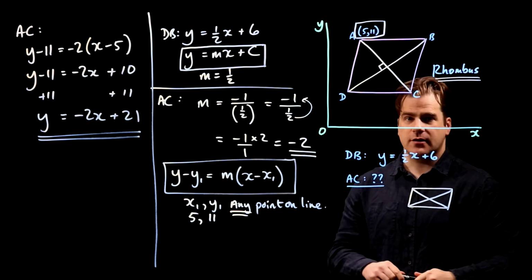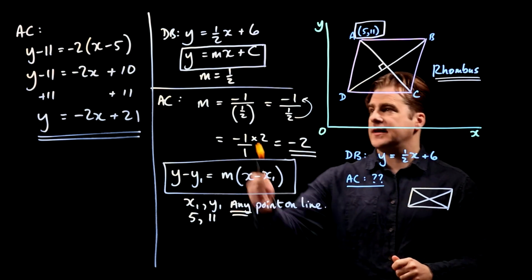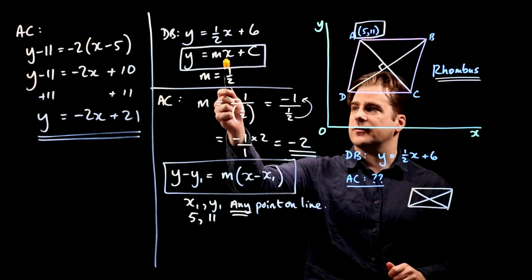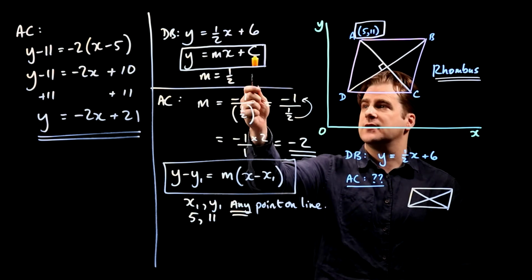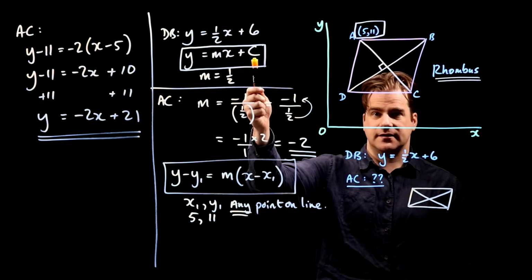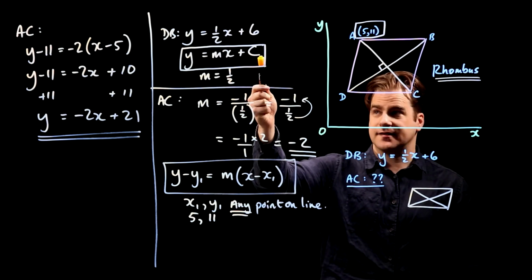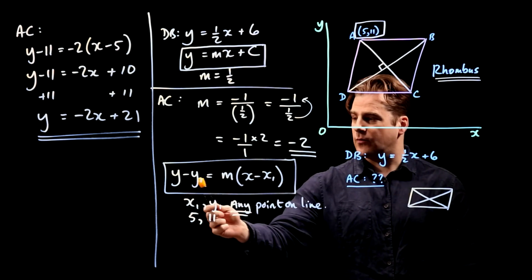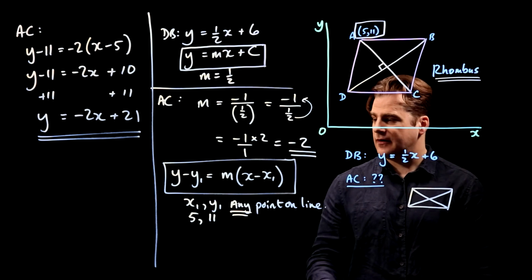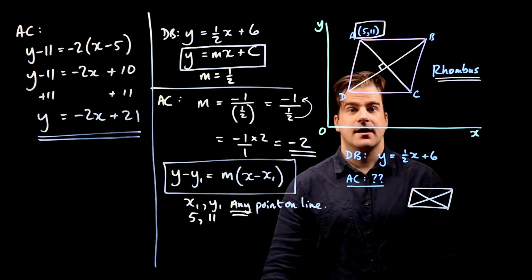You need to know that. And you definitely need to know the two different forms for the equation of a straight line. It's the same equation, just in different forms. This one deals with c, which is where the line crosses the y-axis, but this one deals with the point (x1, y1), which is any point on the line. There you go.